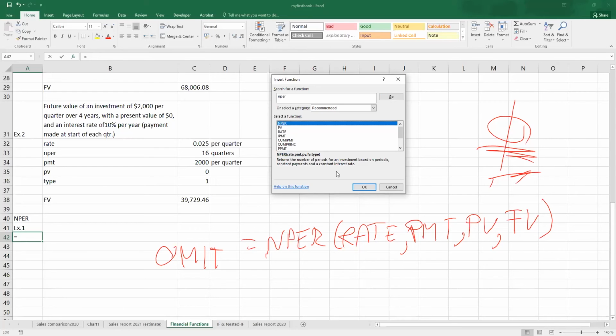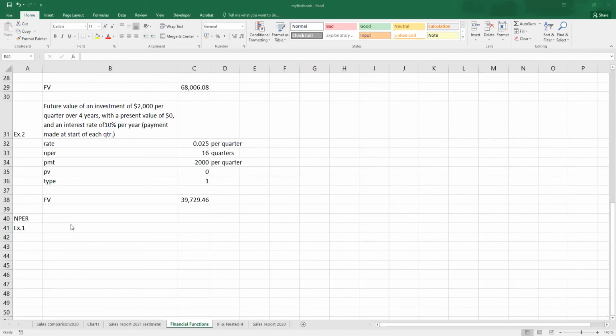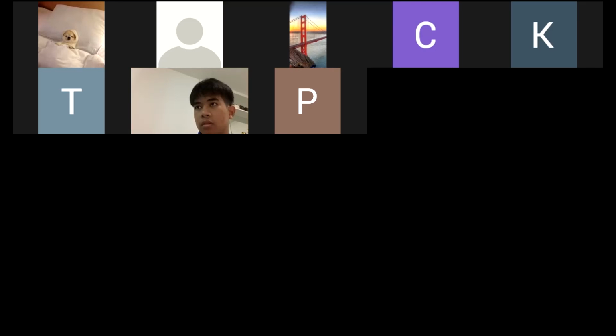Okay. So this is the NPER function. Let's see the example for the NPER function. The first example is here. Let me just send you the example in the chat box. This is example number 1.